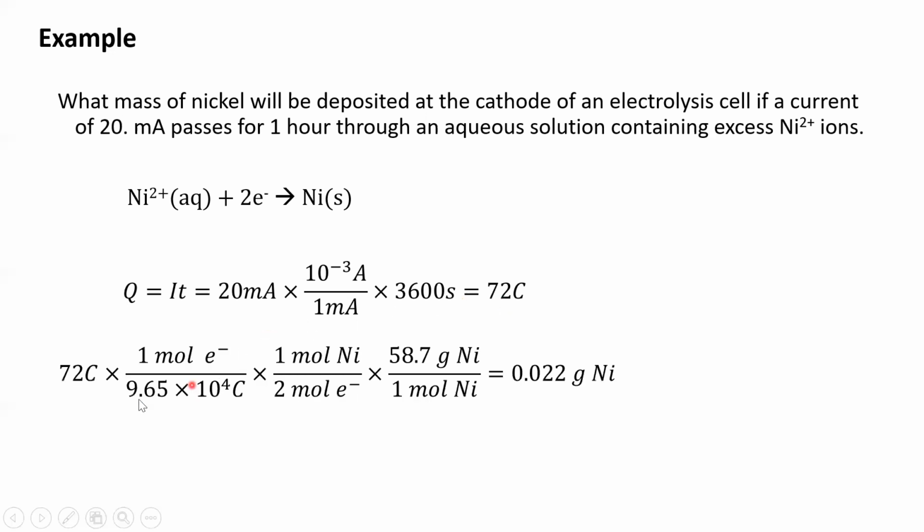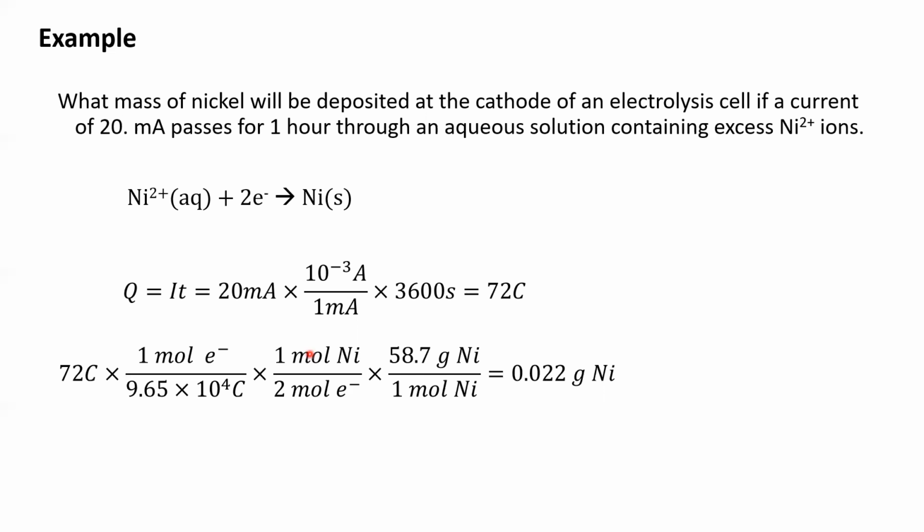All right, so now we're going to do a little stoichiometry. We can take 72 coulombs and use Faraday's constant to convert from coulombs of charge to moles of electrons. This balanced equation here enables us to go from moles of electrons to moles of nickel.